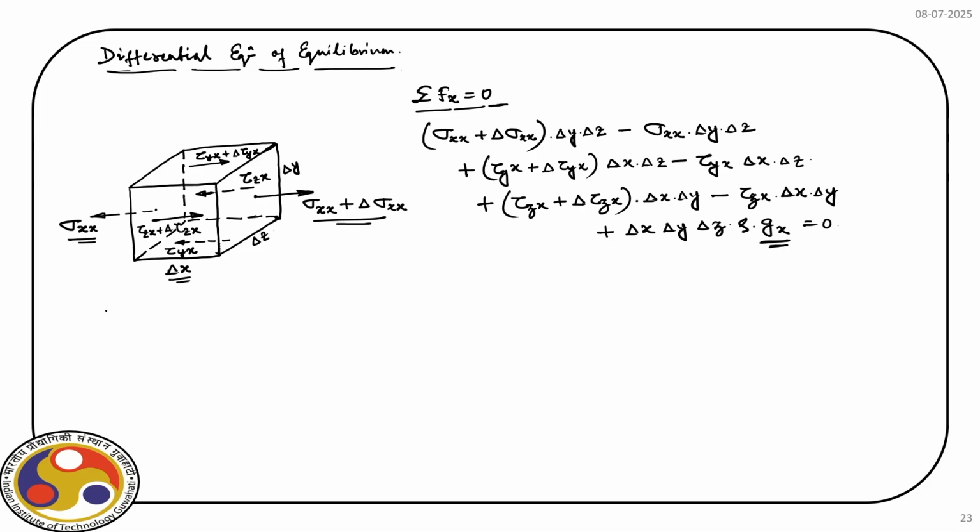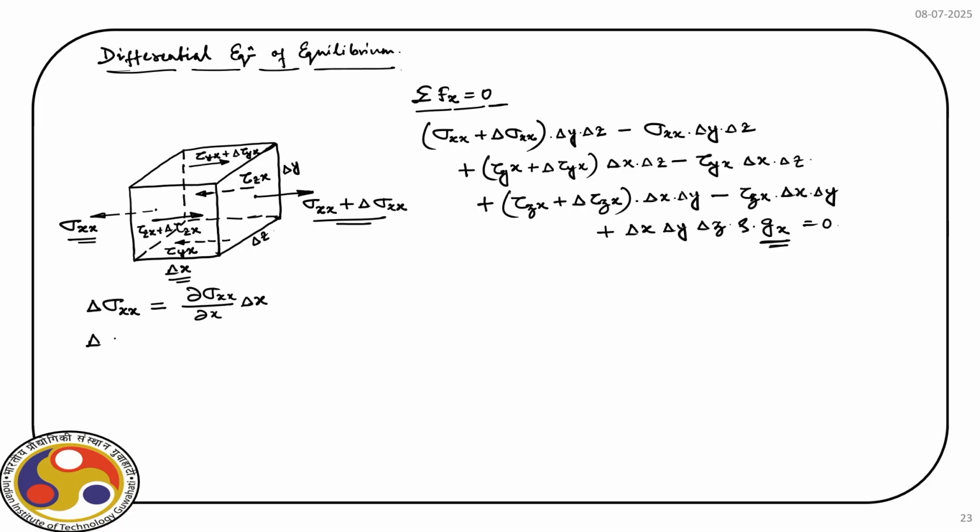But before that, let us just write down the variation delta sigma xx. It is nothing but if we differentiate sigma xx with respect to x and then find the variation over the length delta x, we get basically the variation delta sigma xx.